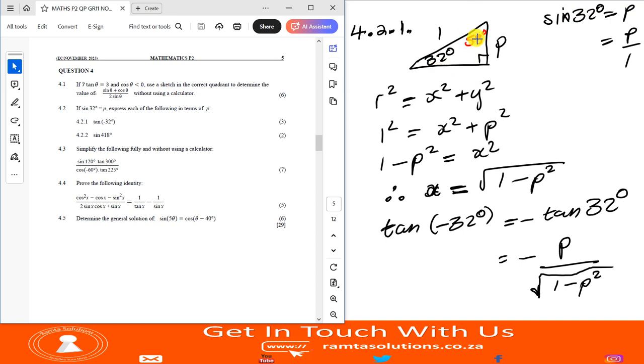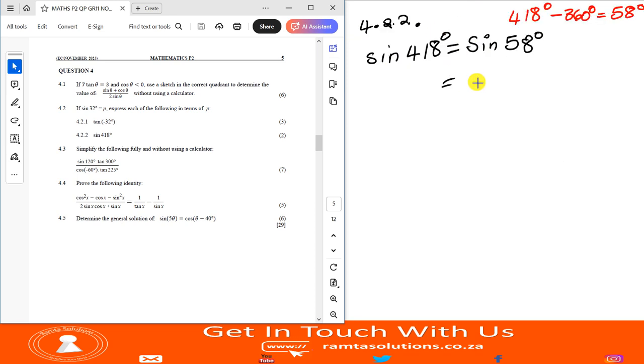This side is opposite 58 degrees, which was x, which is square root of 1 minus p squared all over the hypotenuse, 1. So this is the square root of 1 minus p squared. This is your answer, as simple as that.